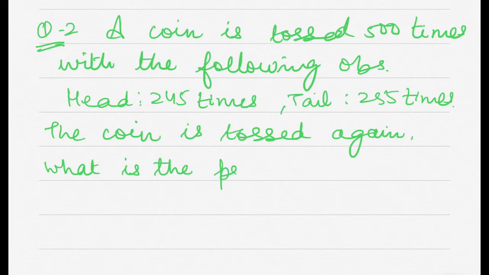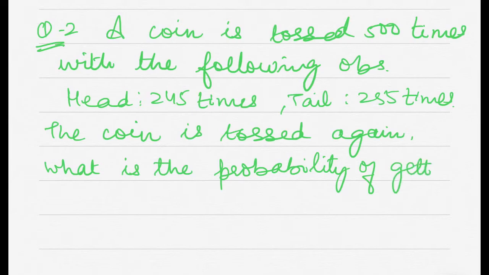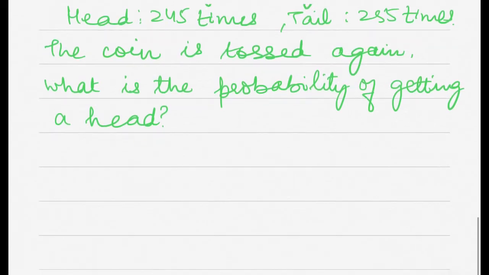What is the probability of getting a head? So we have to find out the probability of getting a head here. Again in the solution, I have to write down my total number of outcomes.